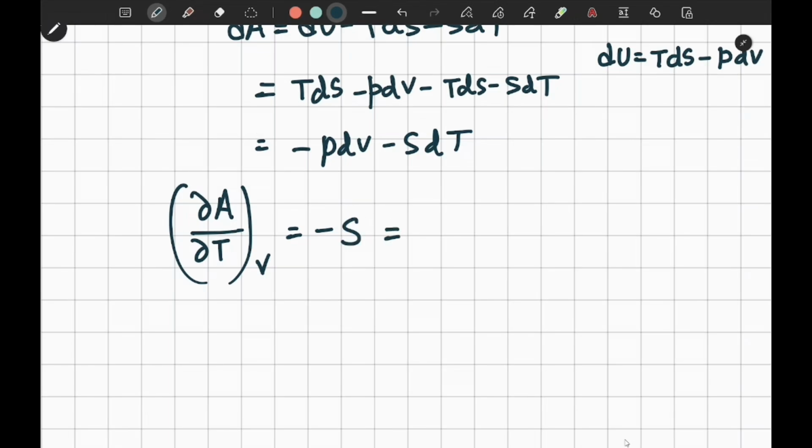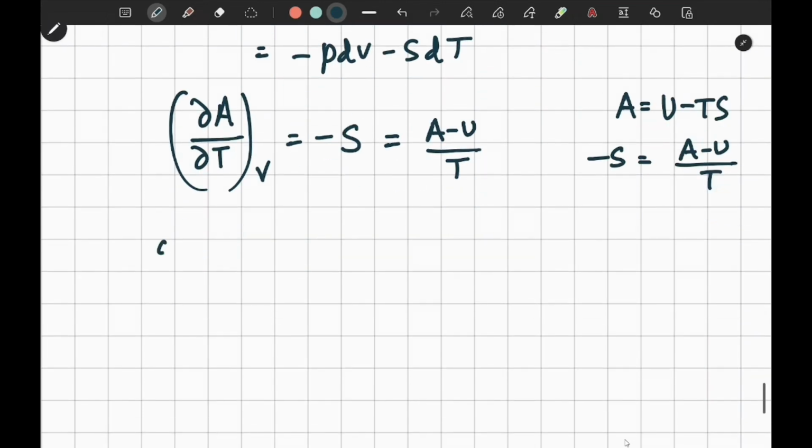And S can be written using A, which is U minus TS. So minus S is actually (A minus U) by T. Just instead of the Gibbs free energy, we are considering the Helmholtz free energy.